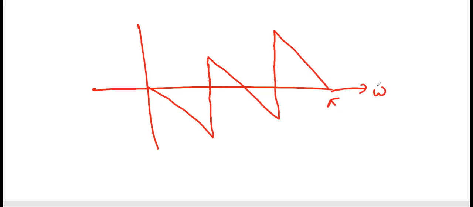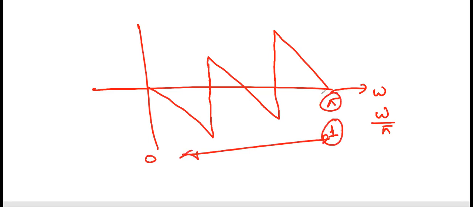In the scale of omega by pi, it represents 0 to 1. Don't confuse this value 1 with pi. Anytime you see this 1, take it as being in the scale of omega divided by pi.